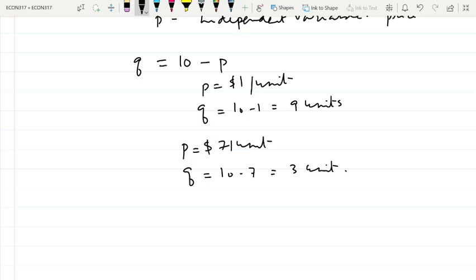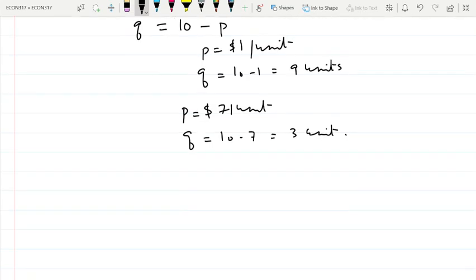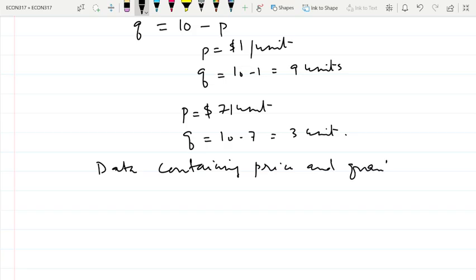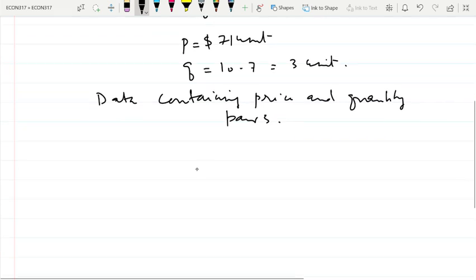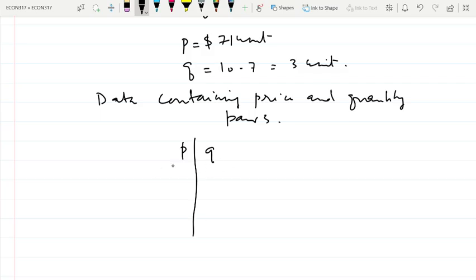We could also have the second way of describing demand, which is the data containing price and quantity pairs. So for example, let's have price on the column on the left, quantity column on the right.